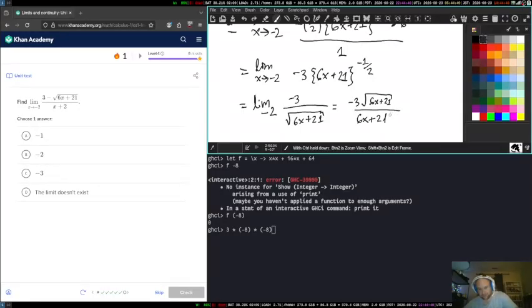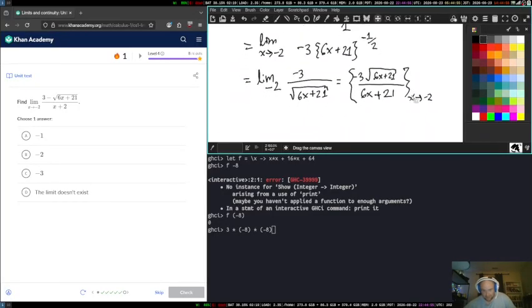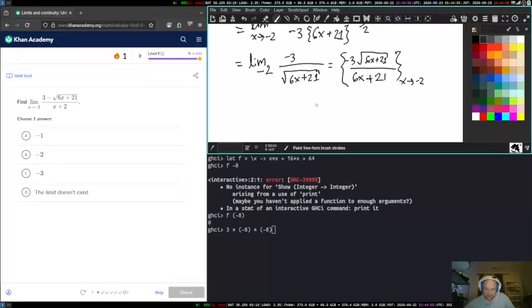That was terrible. And I'm supposed to be doing this as x goes to minus 2. Don't you love my super consistent notation?